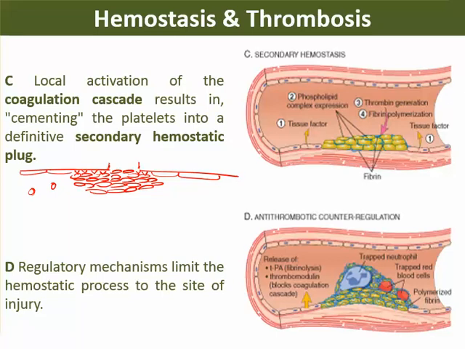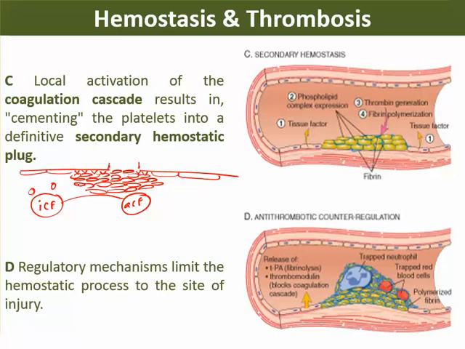Okay, once the platelet clot, the primary hemostatic plug, is formed, immediately in the blood we have clotting factors that get activated. Now we have inactivated clotting factors. Once they see the platelet clot, they become activated clotting factors. And then the clotting factor acts like cement.